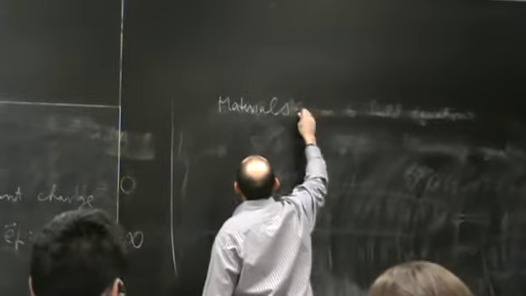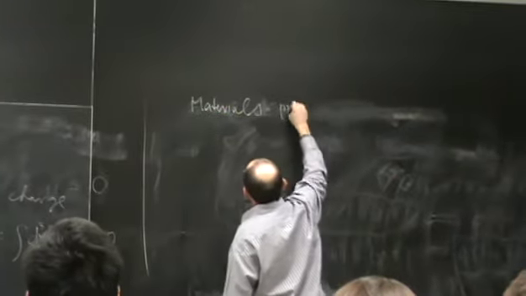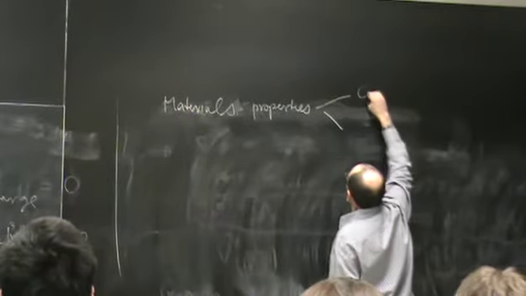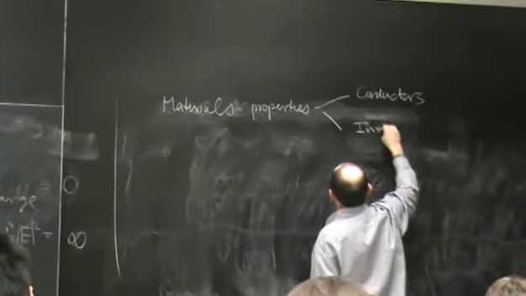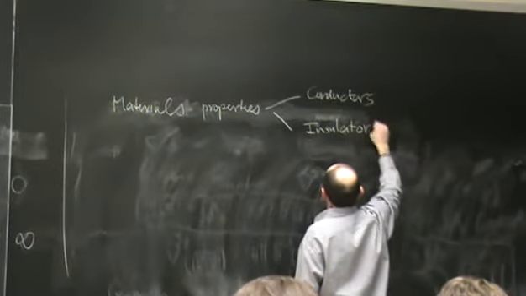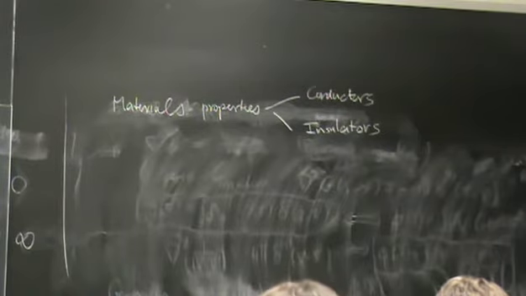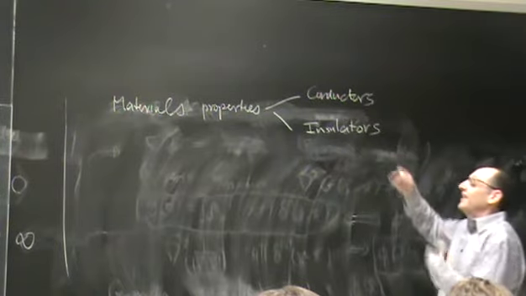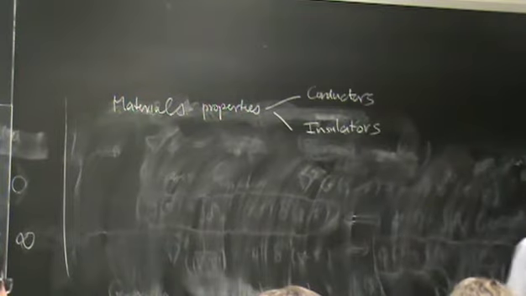Loosely speaking, in terms of electrostatics, we divide these materials into two classes, the conductors and the insulators. Materials really divide fairly cleanly into these two classes. Not exactly, but pretty darn.